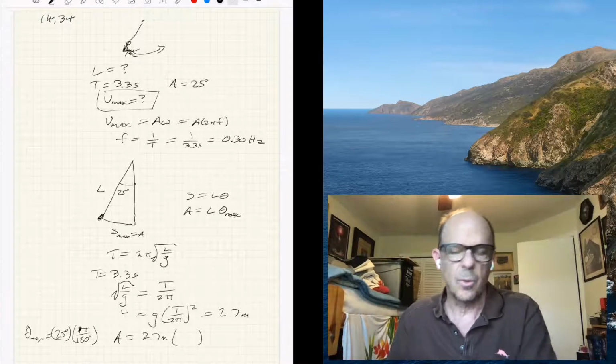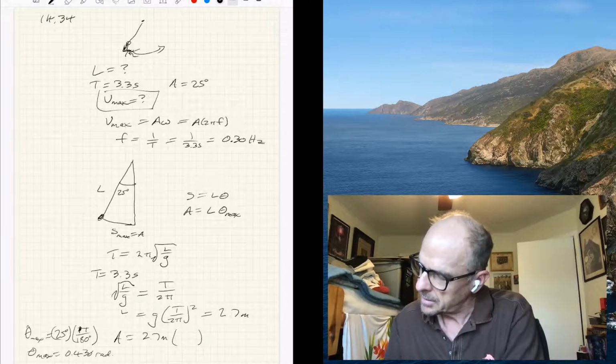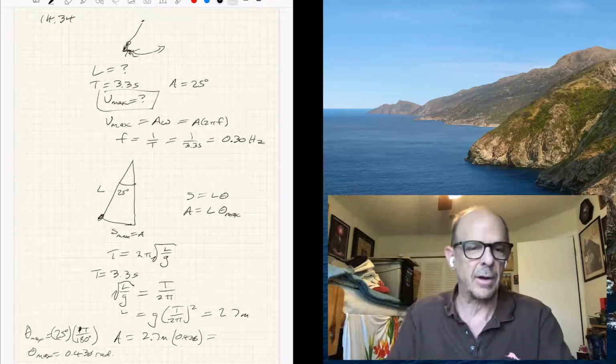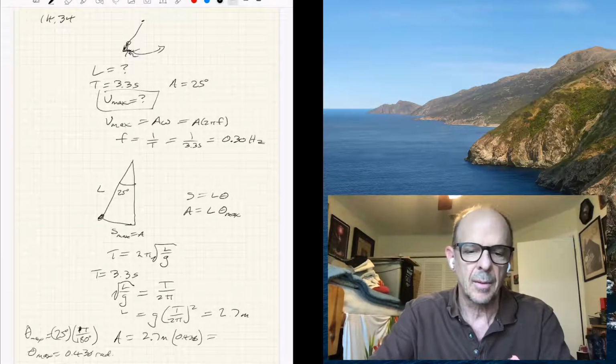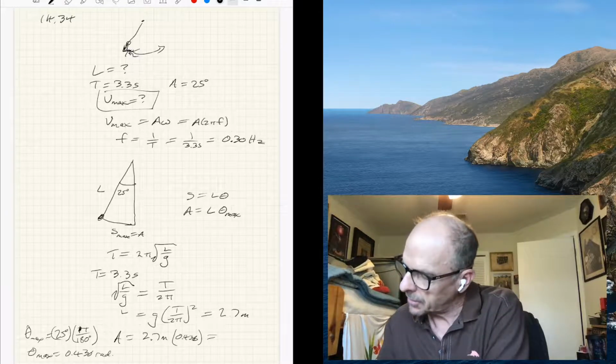And I get 0.436 radians. So the amplitude in meters is 2.7 times 0.436, which is 1.18 meters.